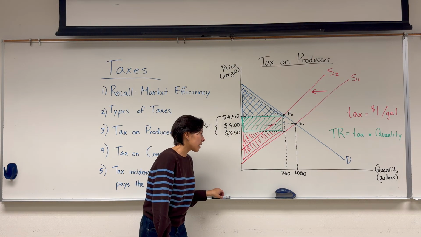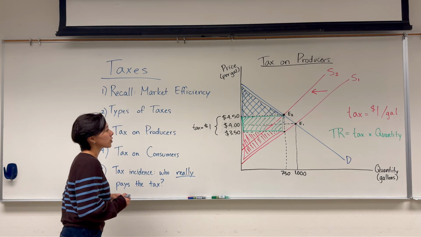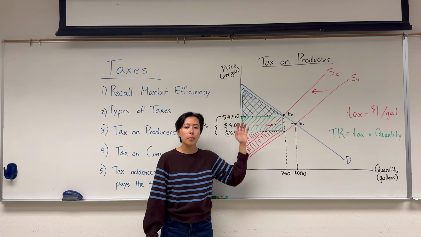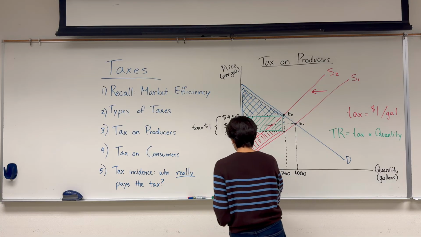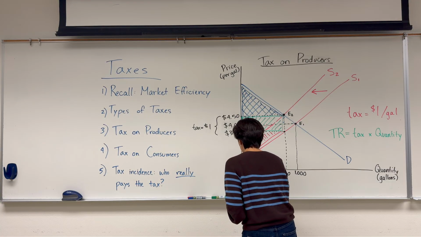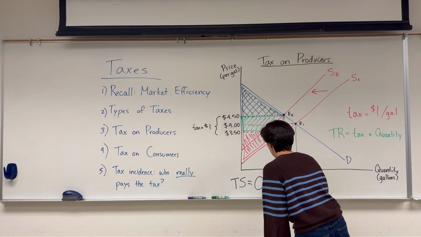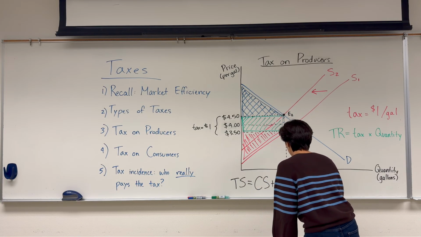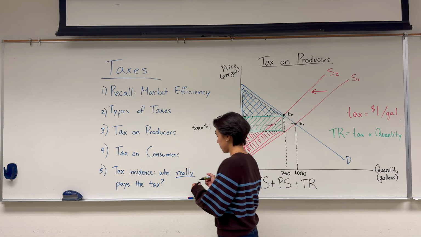So before the tax, our total surplus was just equal to our consumer surplus plus our producer surplus. After the tax, our total surplus must also include tax revenue. So our new total surplus is consumer surplus plus producer surplus plus the tax revenue.